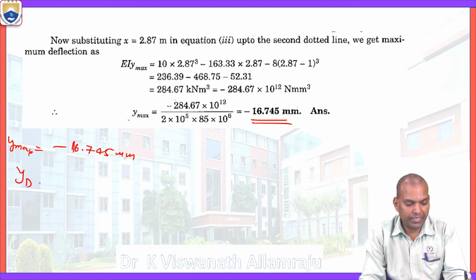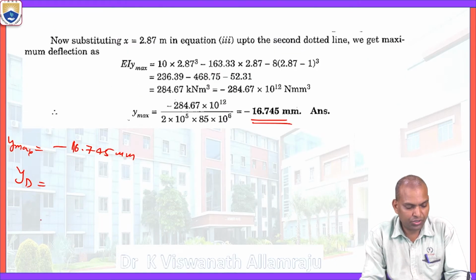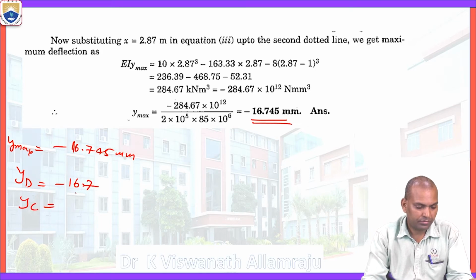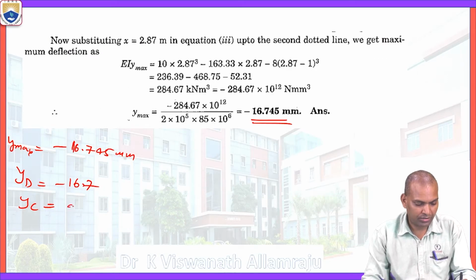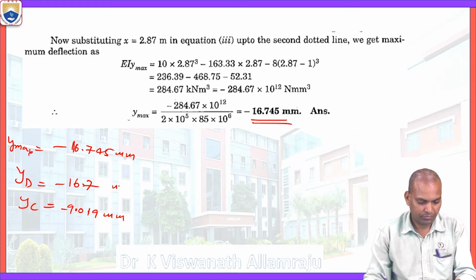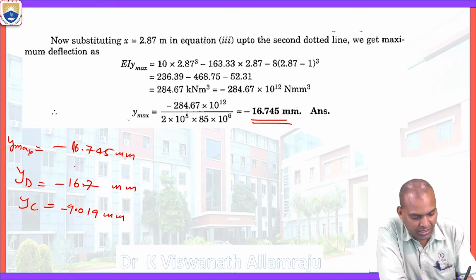But at D, what is the YD value? Negative 16.7. At C, 9.019. So the maximum deflection is more here.